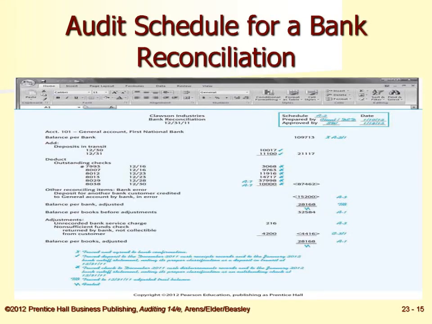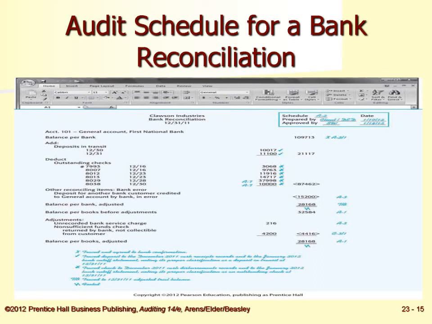So we see the figure for Clausen Industries bank reconciliation at 31 December 2016. The balance per bank is 109,713, add the deposit in transit, and then deduct the outstanding checks.